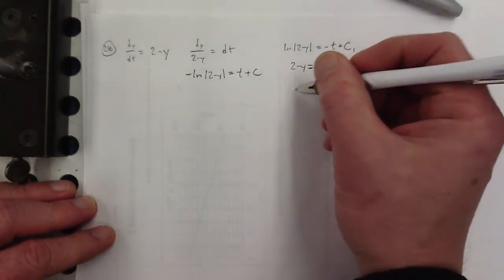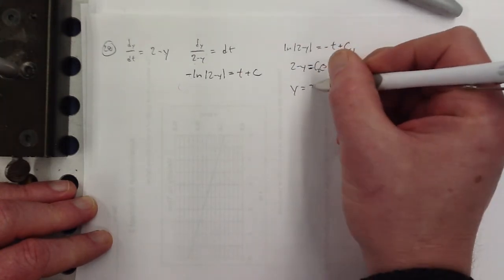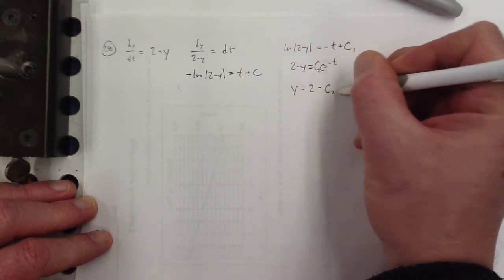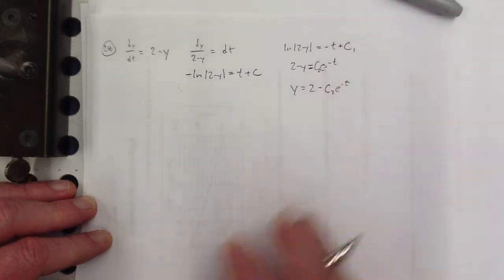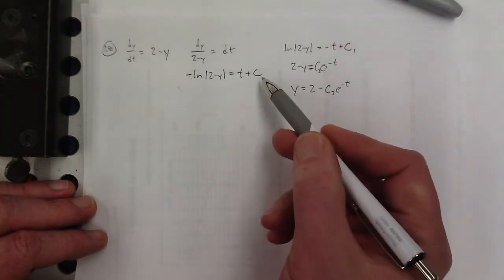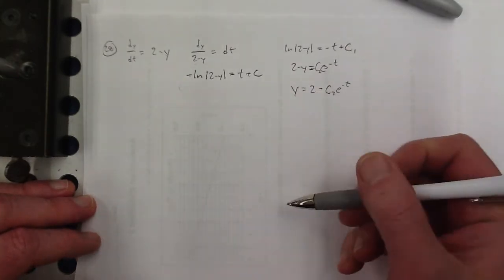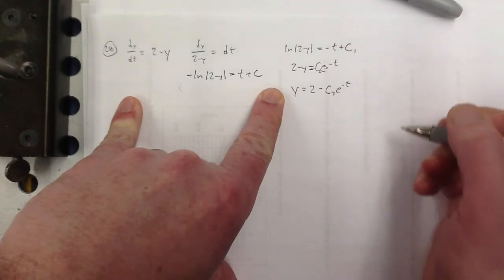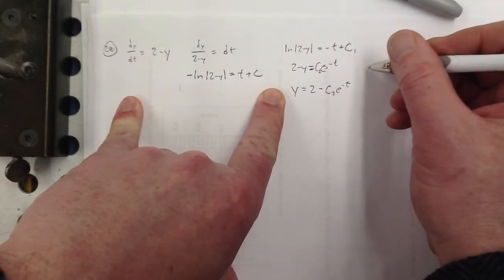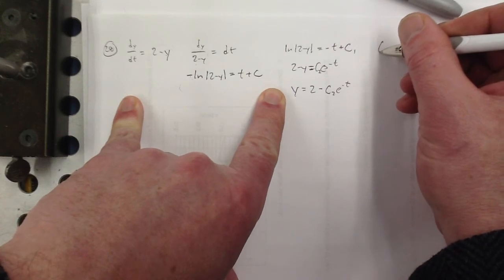And then I want to solve this for y, so y is equal to 2 minus some constant there. I'm not going to be super fussy about how you keep track of your constants here, but you just have to have it in the right place when you get to here so that you can use your initial condition, which is (0, 1).